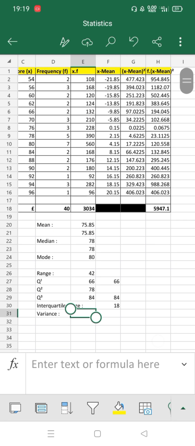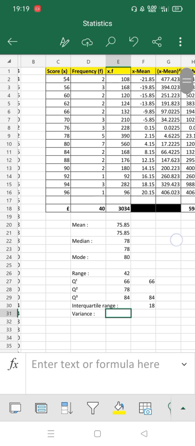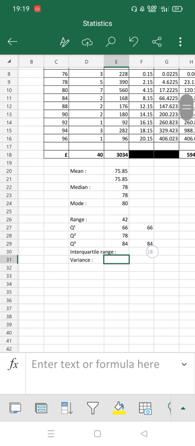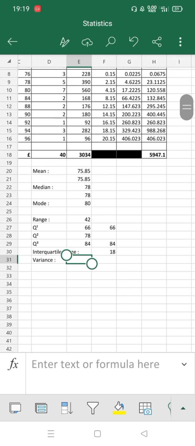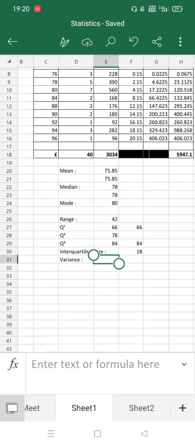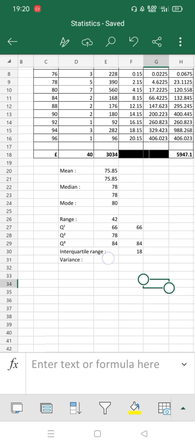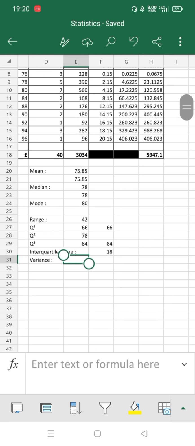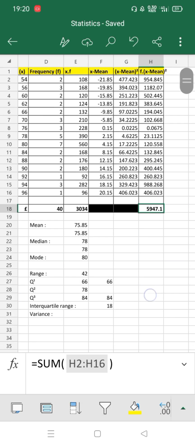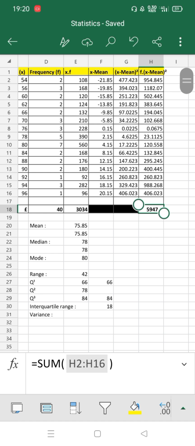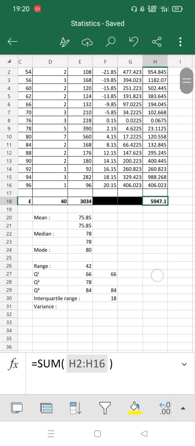For the variance, because we have this data sorted, the only thing you need to do is, since we have the data here, f times the square of x minus mean.